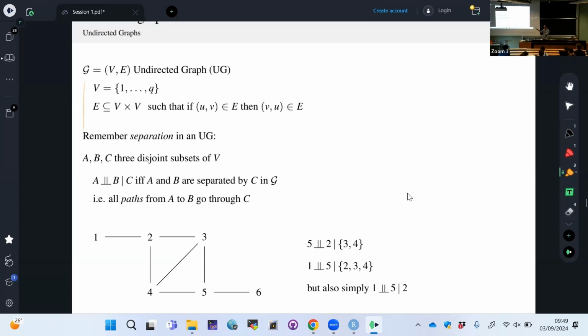So there is no path which avoids going through 3 and 4. And similarly, we can say that 1 and 5 are conditionally independent given 2, 3, and 4, but even simply given 2, because you must pass through node 2 if you want to move from 1 to 5. Okay, so this is how we can read conditional independencies using separation in an undirected graph.